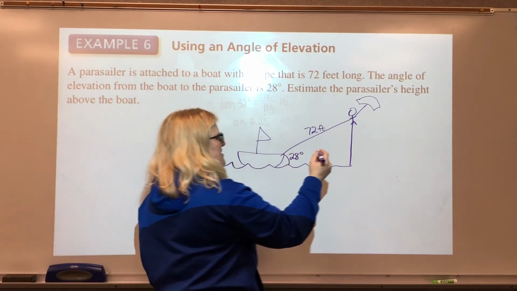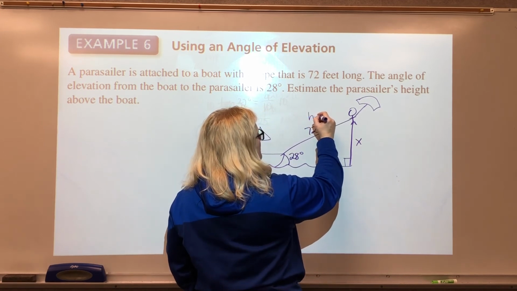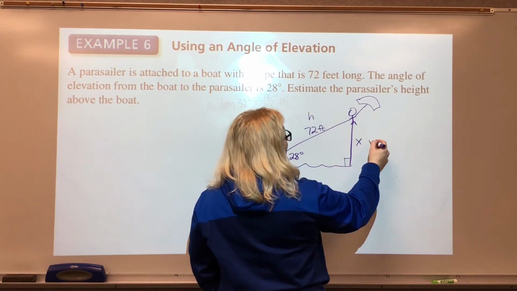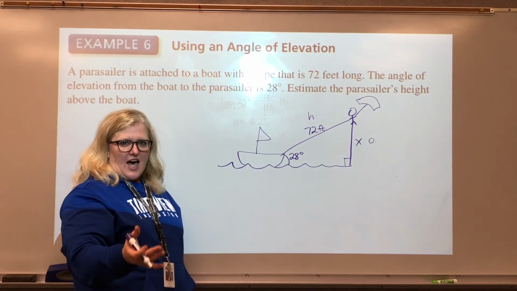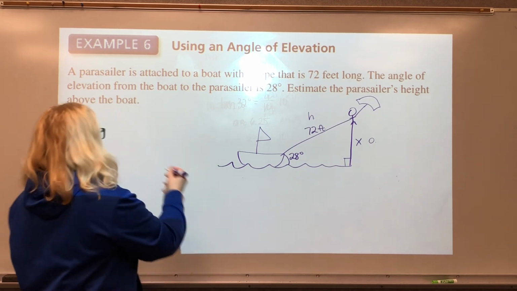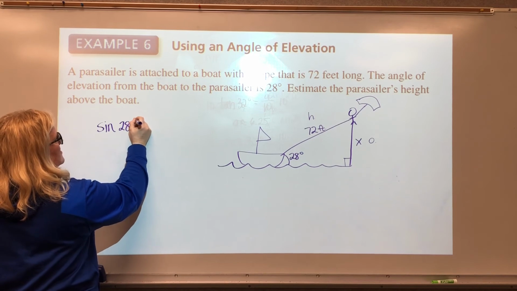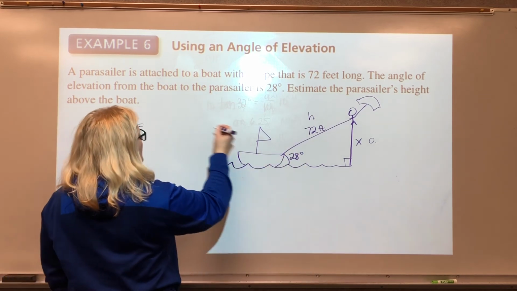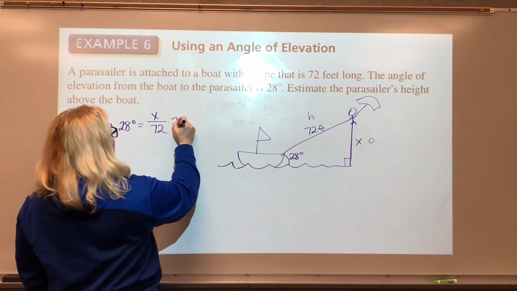So this is X. So here we have our hypotenuse, and here we have our opposite side. So which one involves the opposite side and the hypotenuse? The sine function. So we have the sine of 28 degrees equals my opposite over my hypotenuse.